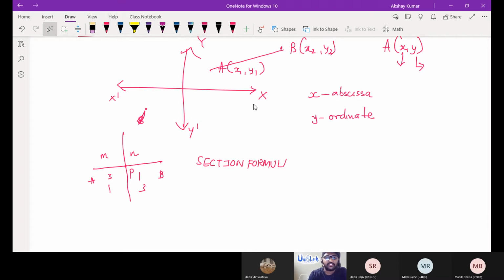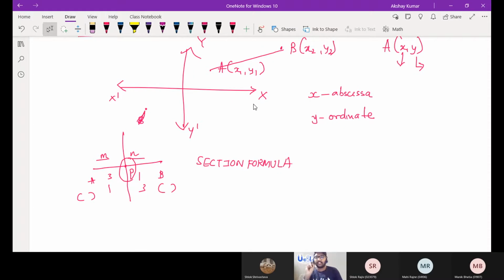They will give you the coordinates of A and B, and the ratio in which you divide the line, and you have to find the coordinates of P. This is what we call the section formula.